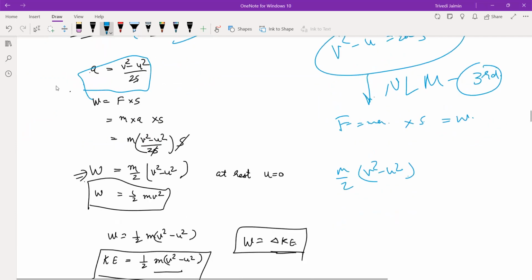Now if u is at rest, meaning initially we are at rest, then u will be 0. If not, then it will be half mv square minus half mu square.